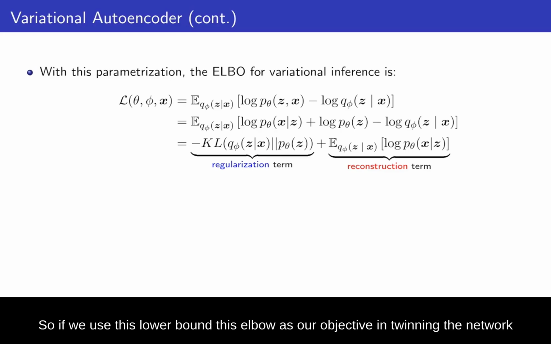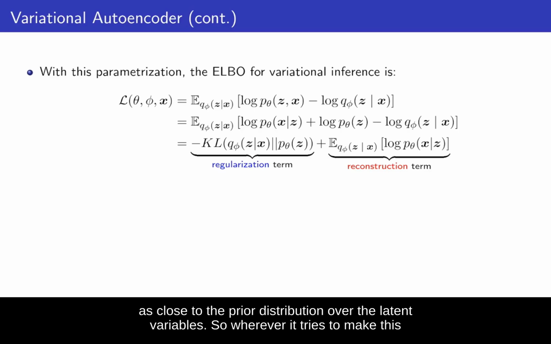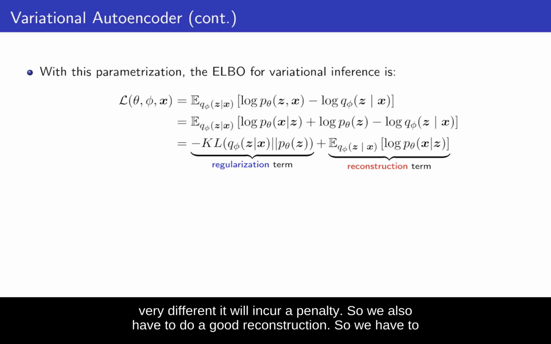So if we use this lower bound, this ELBO, as our objective in training the network, then this will basically act as a regularizer, trying to force the q network to stay as close to the prior distribution over the latent variables. Wherever it tries to make this very different, it will incur a penalty.